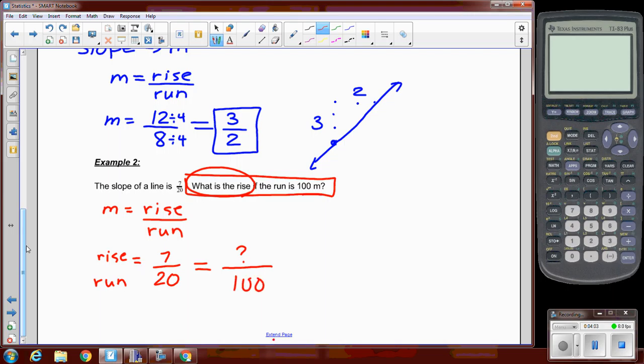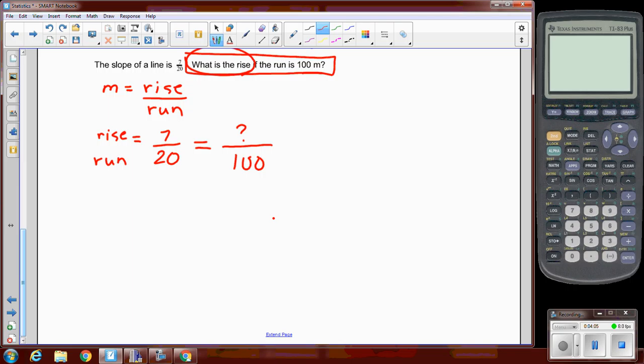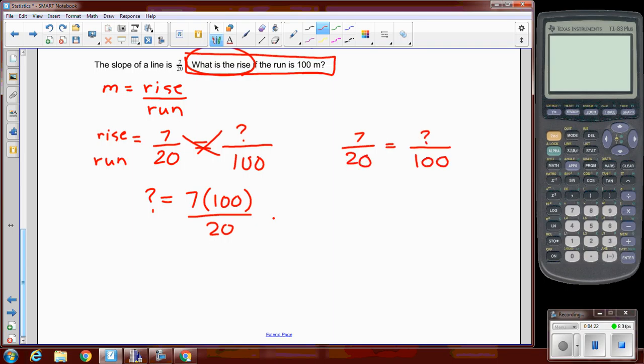And we looked at this with proportions in our last lesson. There's two things we can do here. We could cross multiply and say that's 7 times 100 divided by 20. Or if you're good with fractions, we could look and say, how did I change this to get to 100? Well, that's multiplied by 5.